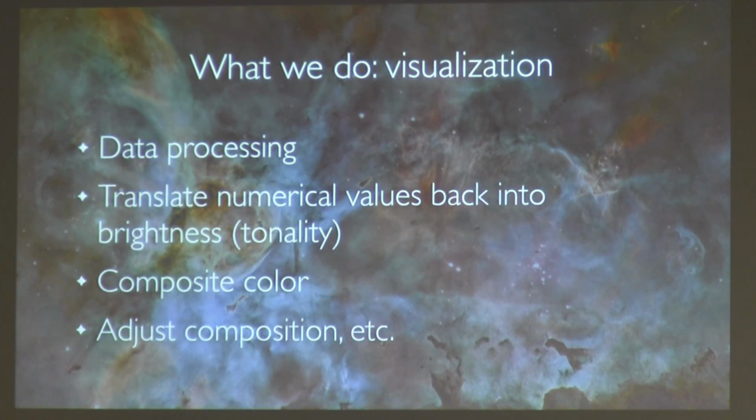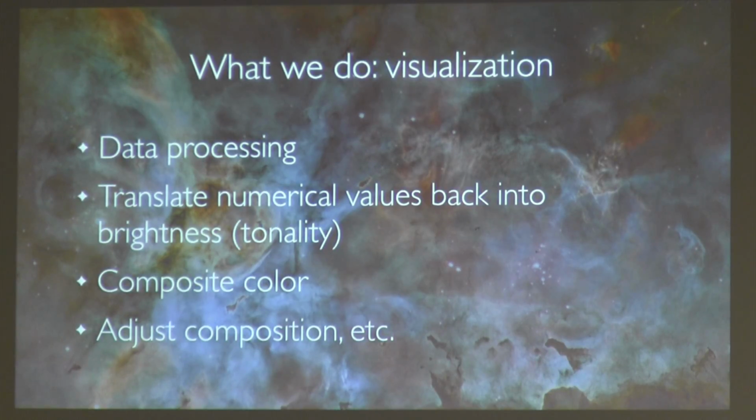So in getting to the actual images, this is kind of the range of things we do. We have to process the data that comes off the telescope, whether we're making pictures from it, which is kind of the byproduct of the science. Most of what happens with the data is astronomers take that data and figure out what's going on by studying that data.